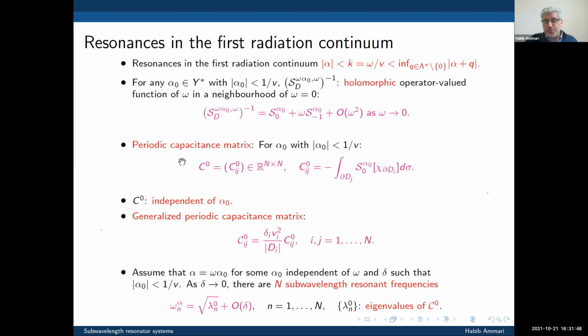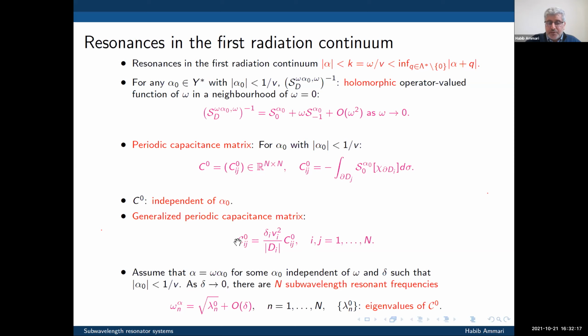So we can introduce, in a very analogous way, this periodic capacitance matrix. It's here. And what is remarkable is that this definition is independent of alpha 0. So even for this first radiation continuum, for this quasi-periodicity near 0, we have the right concept of generalized periodic capacitance matrix, and it's given by this one.